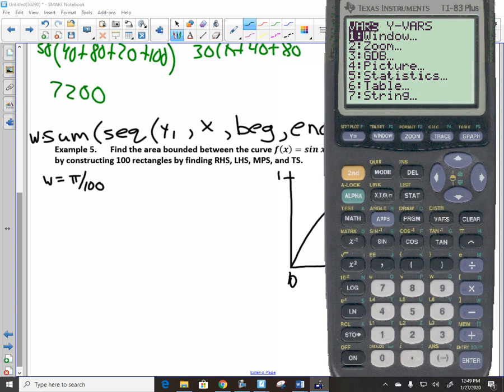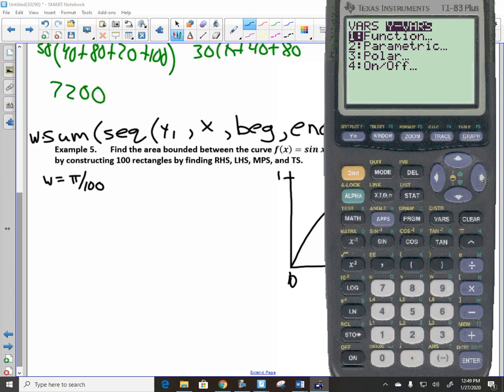Press vars. Vars means variables. Go over to Y-vars, or Y variables. You want your function variables, press enter, and you can select y1. You got through the challenging parts.